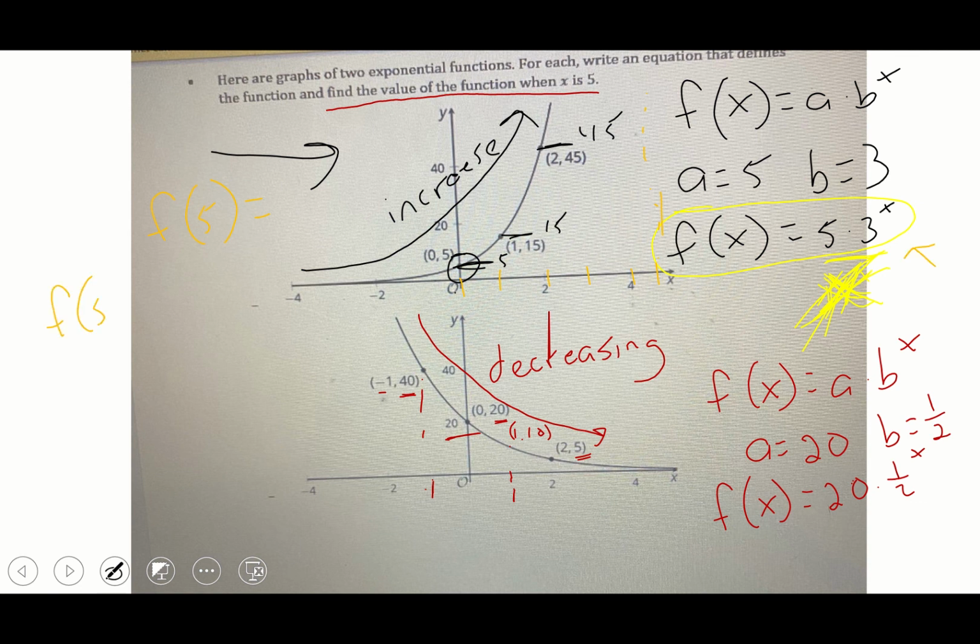So f of 5 is equal to 5 times 3 to the fifth, and now we're doing PEMDAS. Well, let's get the calculator out.